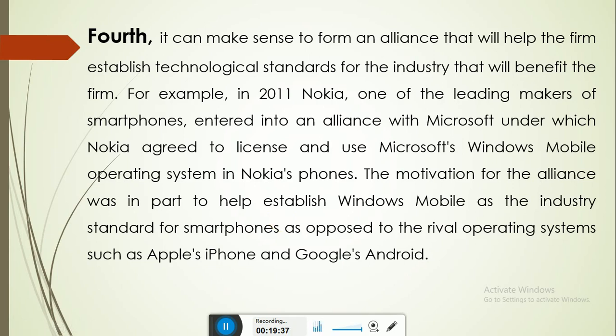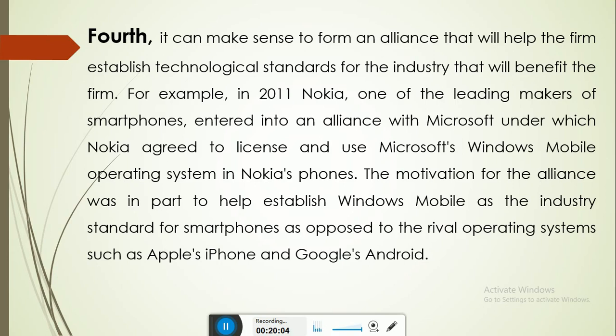Fourth, it can make sense to form an alliance that will help the firm establish a technological standard for the industry that will benefit the firm. For example, in 2011, Nokia, one of the leading makers of smartphones, entered into an alliance with Microsoft, under which Nokia agreed to license and use the Microsoft Windows mobile operating system in Nokia phones.